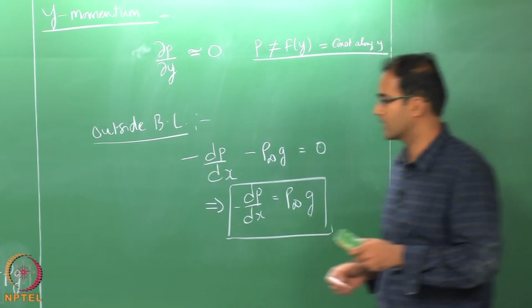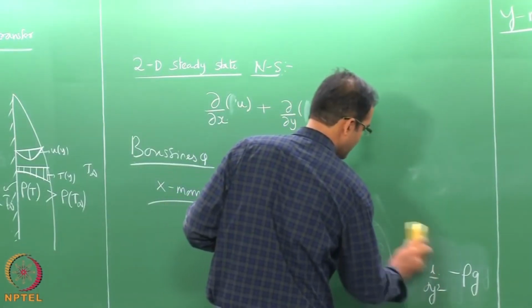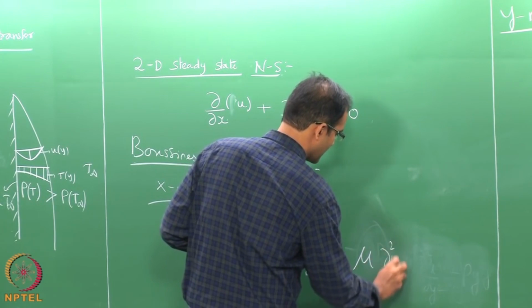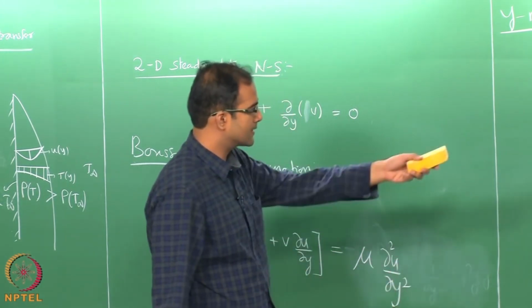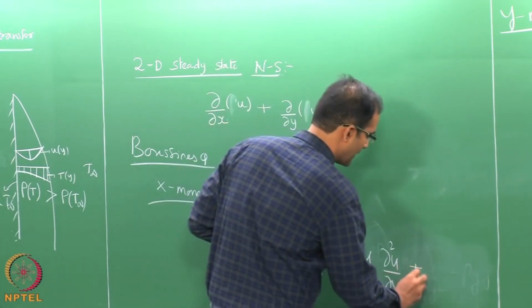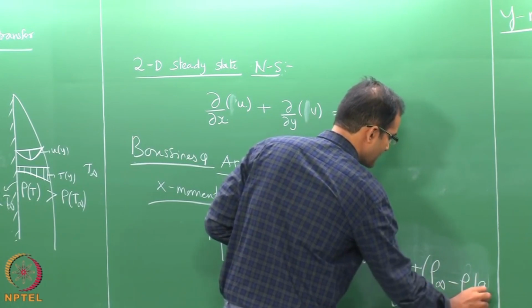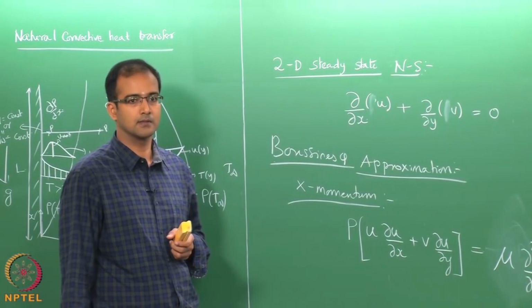So, if you directly substitute it, now you are eliminating dp by dx from the momentum equation. Therefore, if you substitute for dp by dx, you have mu d square u by dy square here. Minus dp by dx is rho infinity, so you have rho infinity minus rho times g. So, this will be the body force.